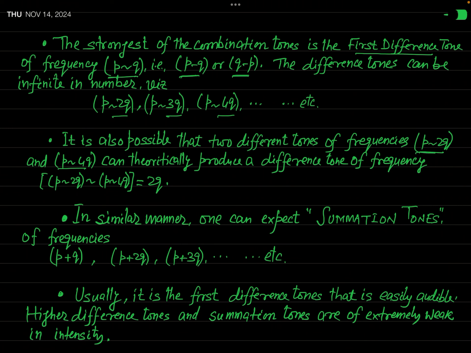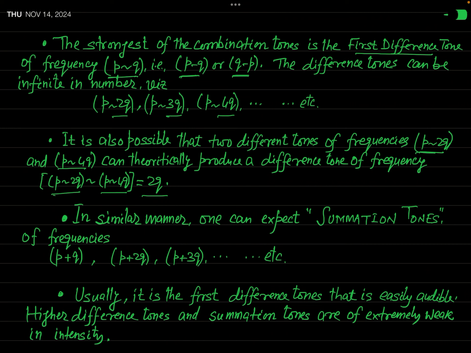So theoretically we can produce a different tone of frequency which is the difference of P difference 2Q and P difference 4Q, and this will be 2Q. So theoretically such a frequency is also possible.